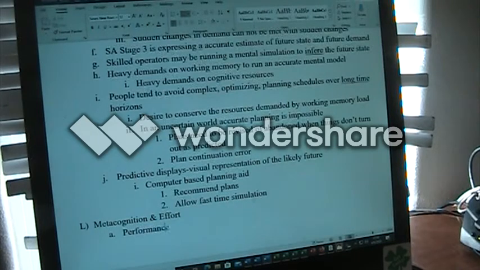Our performance is linked to our perceptual information and long-term memory. Right, and obviously that's about the task we're doing.